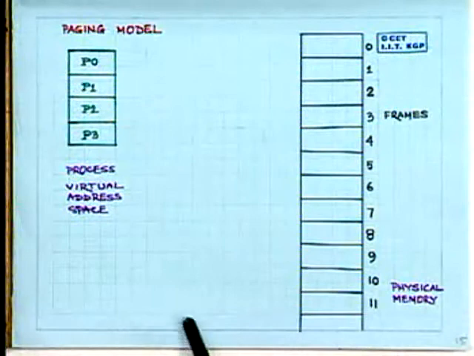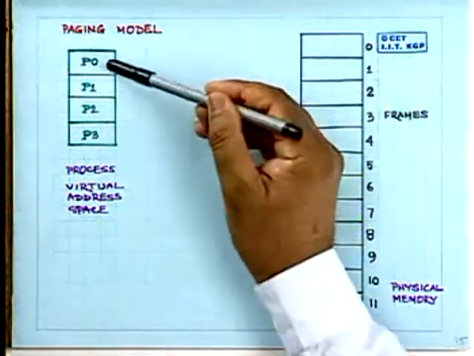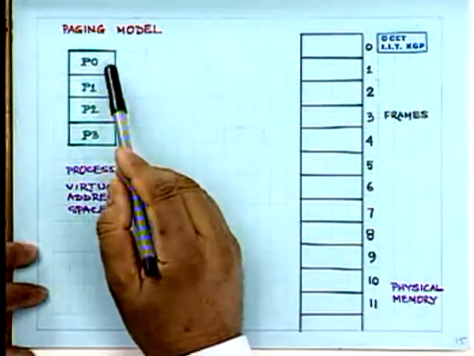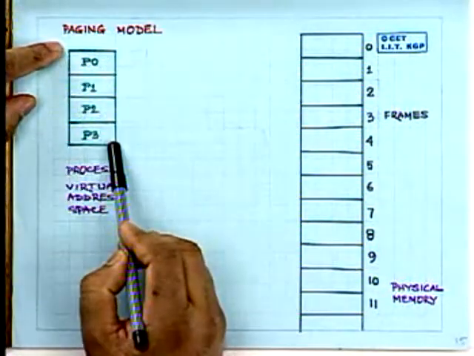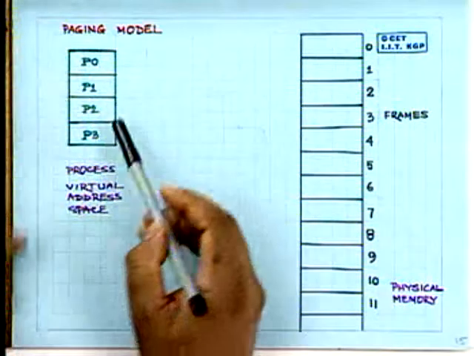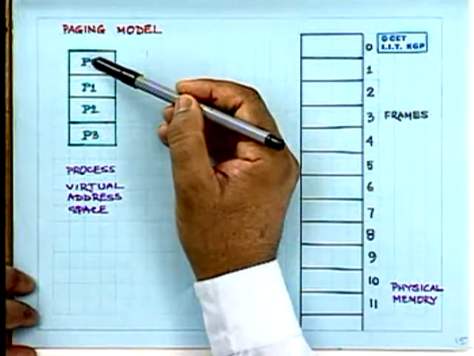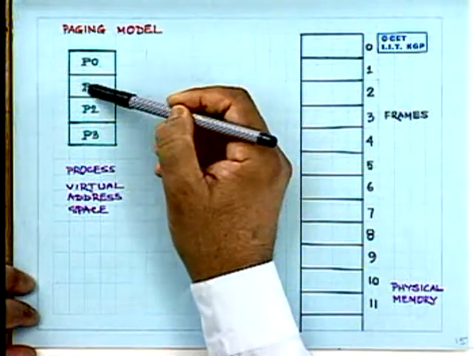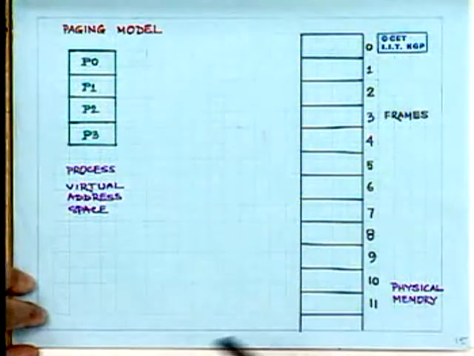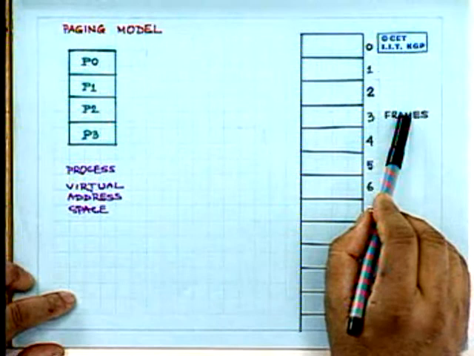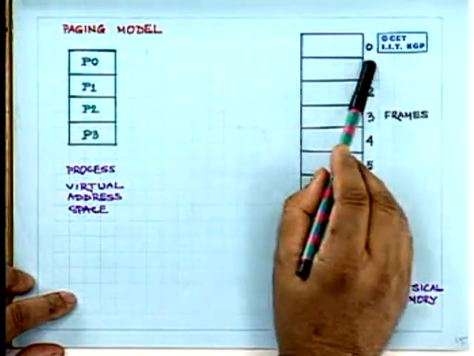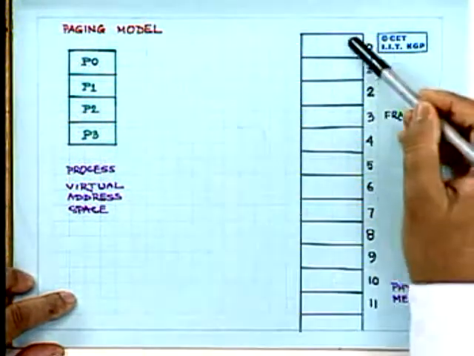Here I have shown one process consisting of 4 pages. This is a virtual address space. Let me assume that it consists of 4 pages, P0, P1, P2, and P3. Here is the physical memory. That physical memory has also been divided into frames.